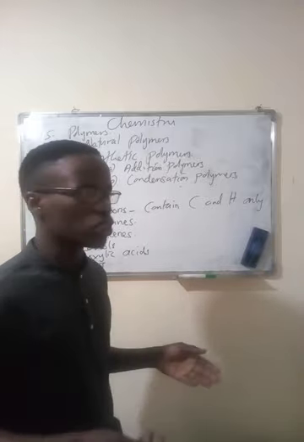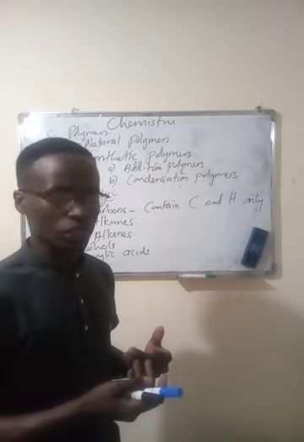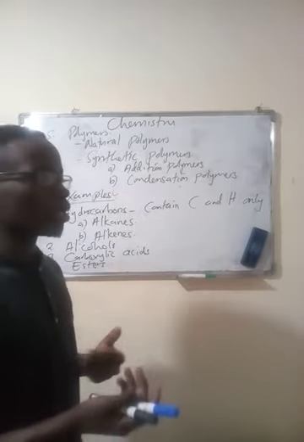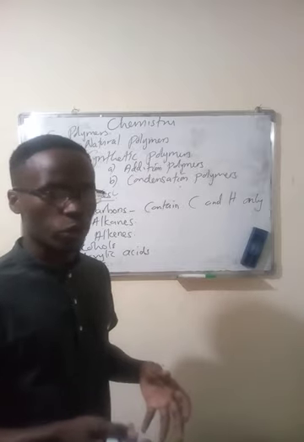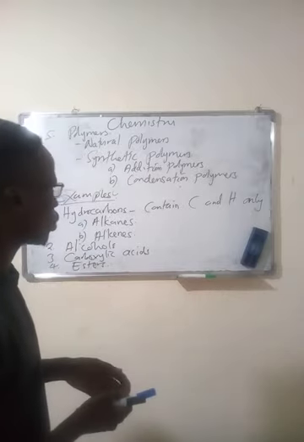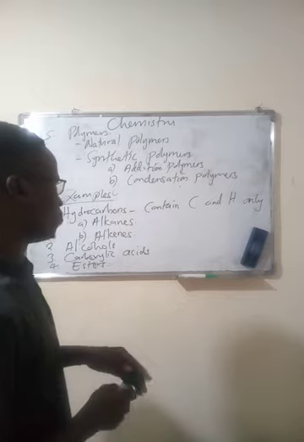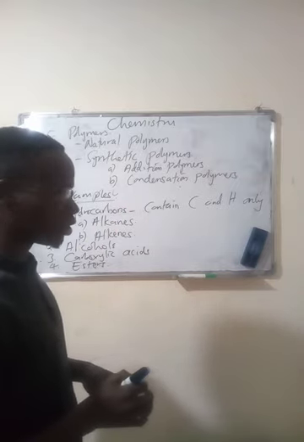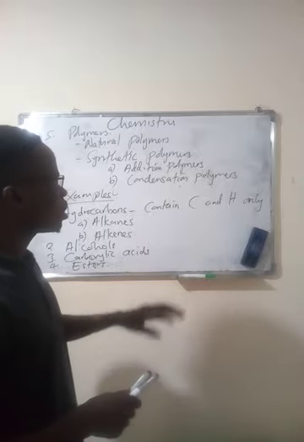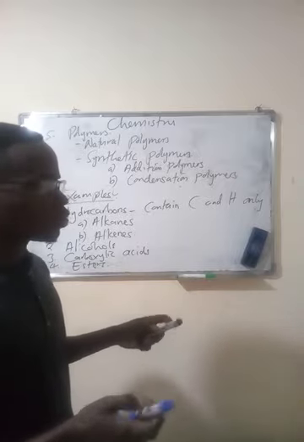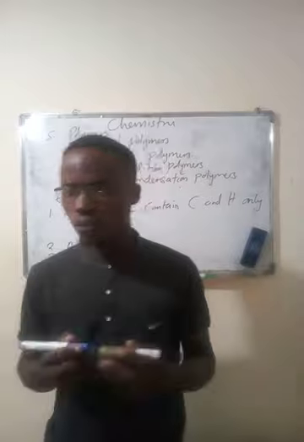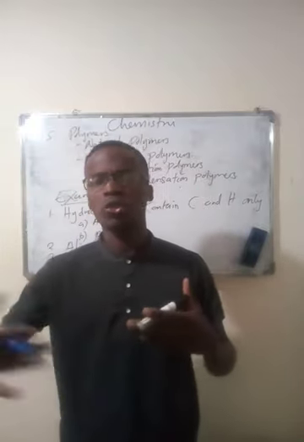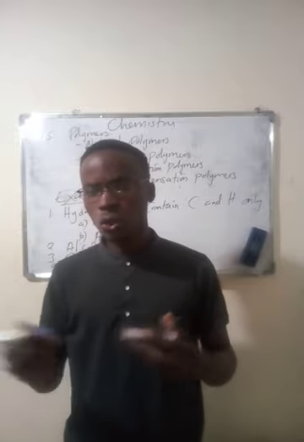Then we're going to talk about synthetic polymers. Those are polymers that can be synthesized in the laboratory, or made in the industries and so on. Then under that we have addition polymers and condensation polymers. When we say addition polymers, this is where we simply add smaller molecules together without producing anything else, to form a long chain of those small molecules.